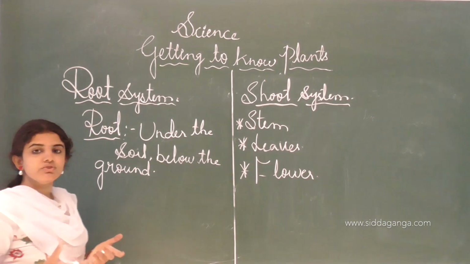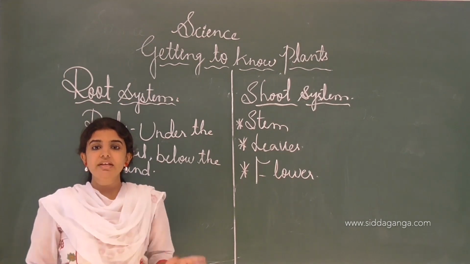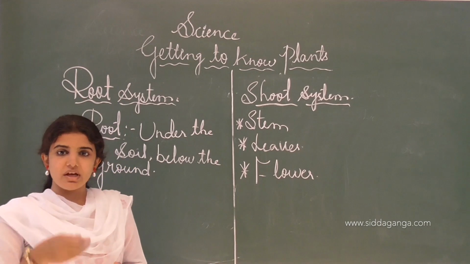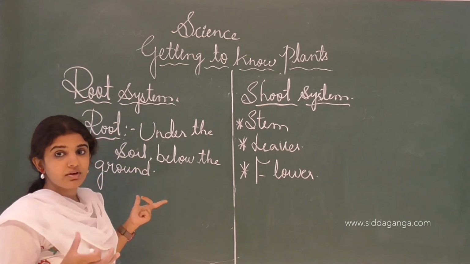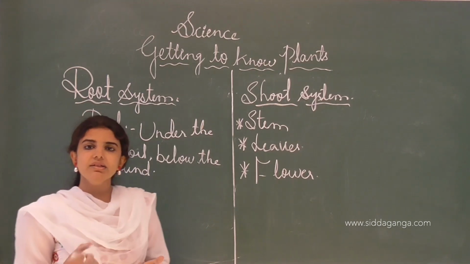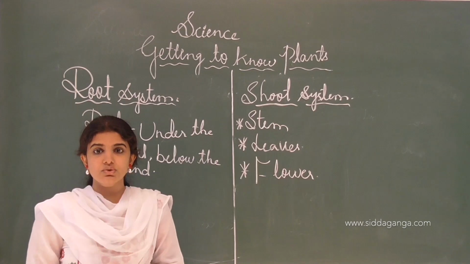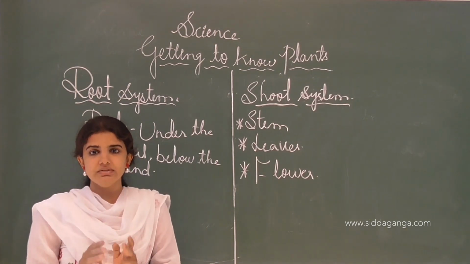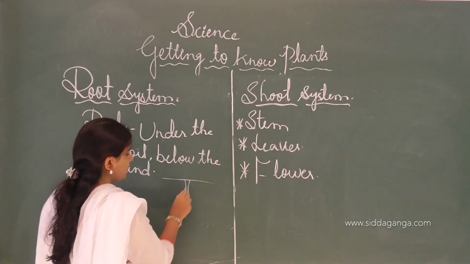As I told, leaves will prepare the food and this food is transported to each and every part of a plant and thereby the food is transported to roots also, where the girth of the roots will take place. Girth is nothing but the thickness. When the food reaches the root, then there is an enlargement and thickness in the root. For example, consider this is the root.